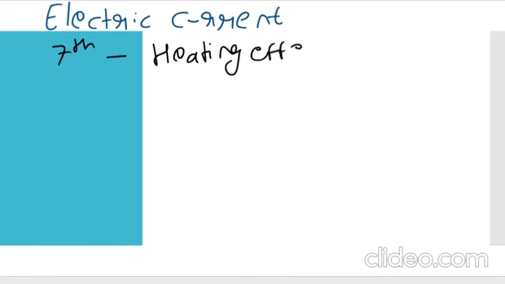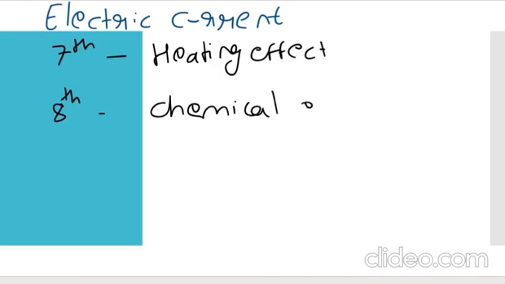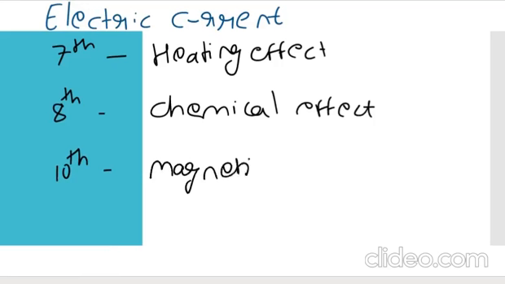After that, in grade 8 you studied the chemical effects. And after that, not in ninth but in 10th, you are directly studying the final effect, which is the magnetic effect. So these three effects were taught to us starting from grade 7. Heating and chemical are done. Now in this standard you are studying the magnetic effect.